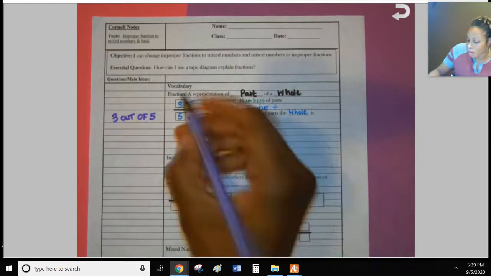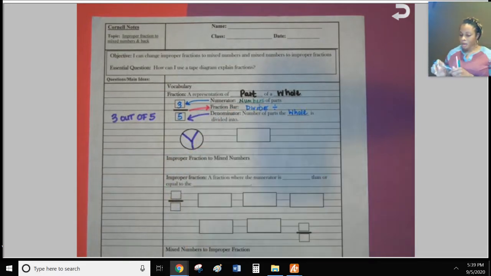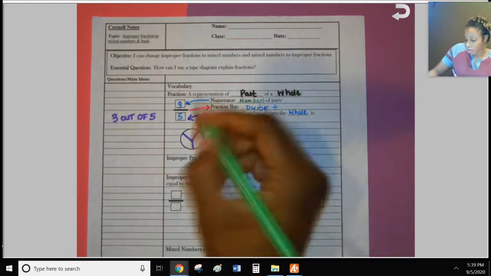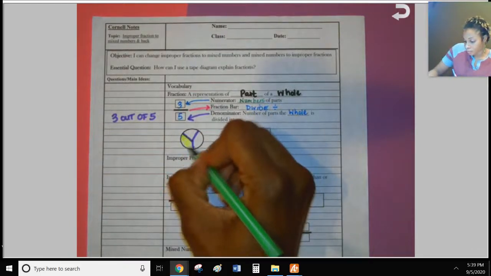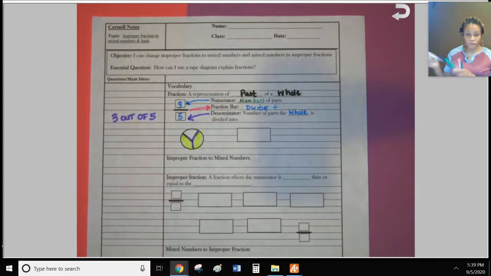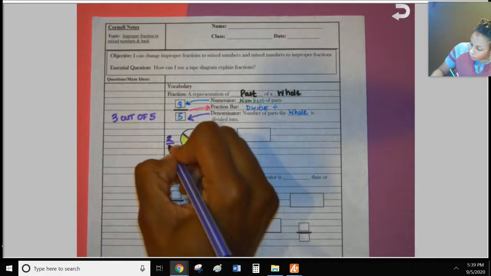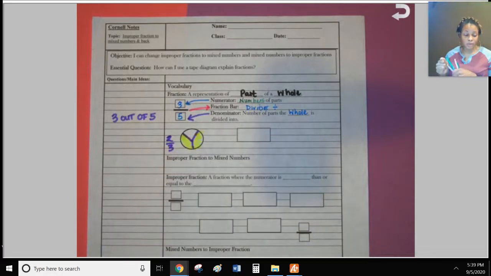So I'm just going to draw some models here, models that we've seen in the past that can represent fractions. If I shaded 2 out of 3 of these, this would be 2/3 or 2 out of 3, like I said.